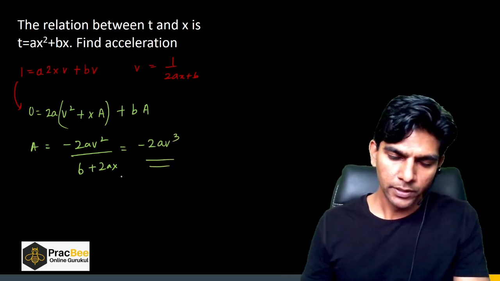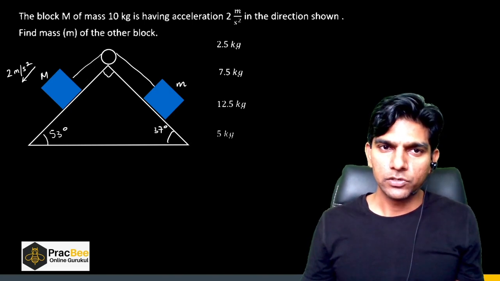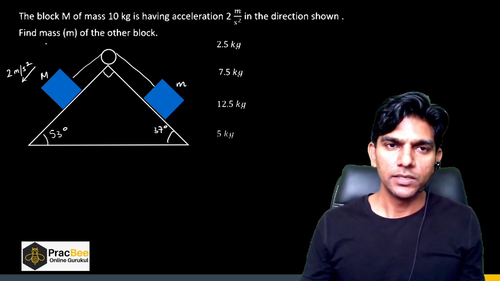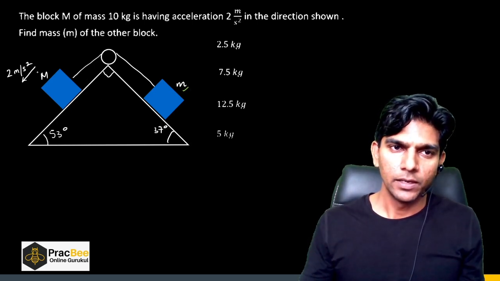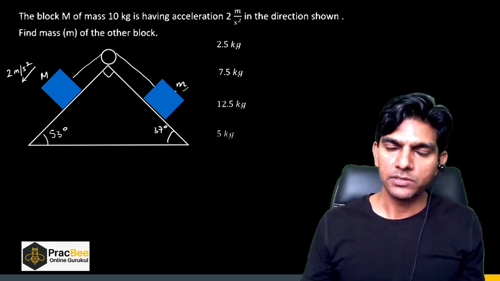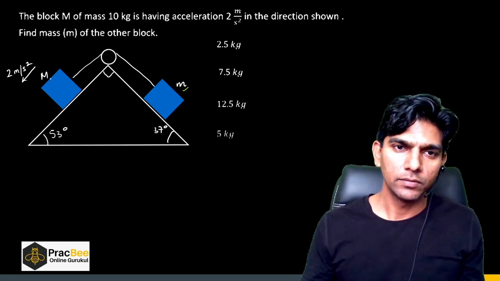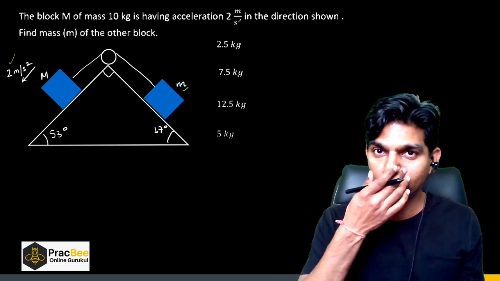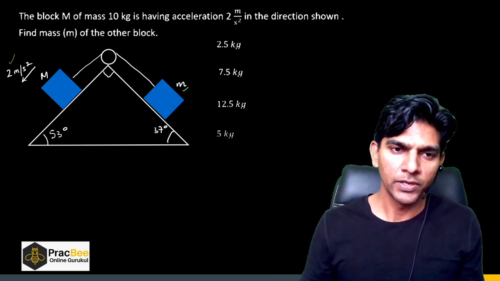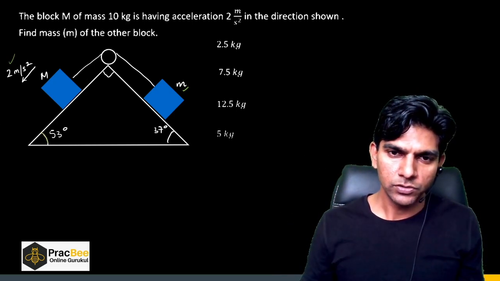Again, standard problem. Now this question is from Newton's laws, and we have to find the mass of this block, right? We have to find small m, and we have given that capital M and small m are connected with a string, and the blocks are moving with an acceleration of 2 meters per second square. So capital M is moving down the incline with this acceleration. An angle of inclination is also given to us.